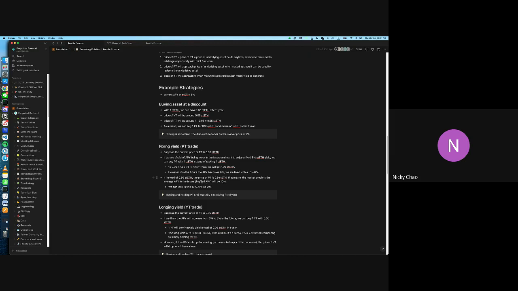So the expected average APY in the future is 10%. If you can buy PT at a cheaper price, you can lock in the 10% APY. This is how we calculate the implied APY. Implied APY is the price relation of PT and YT, and it represents the market prediction of how the APY will be in the future.